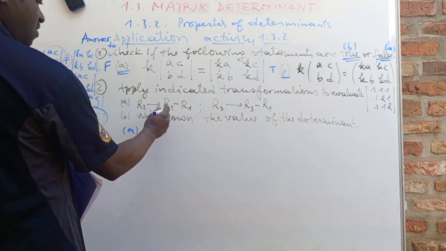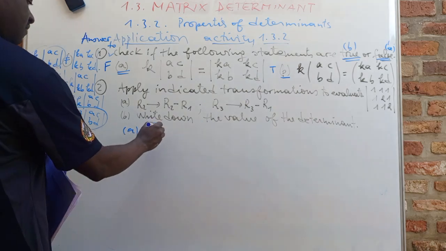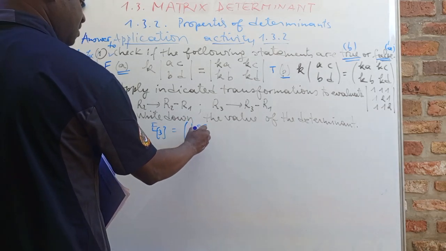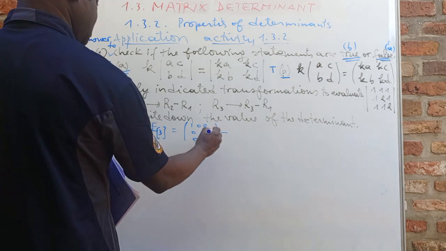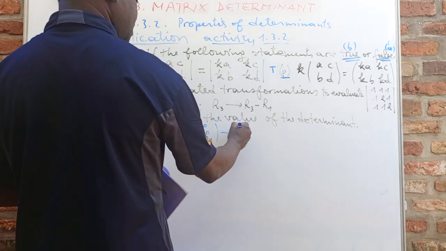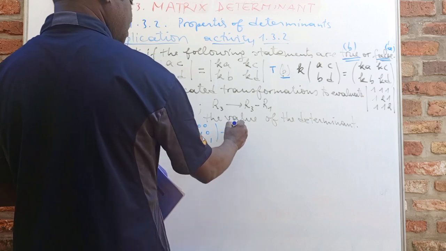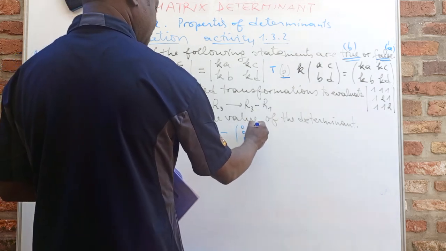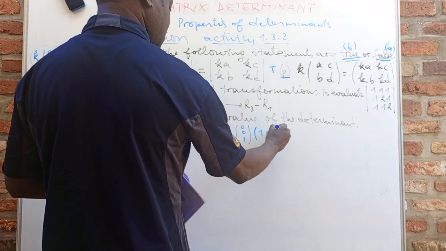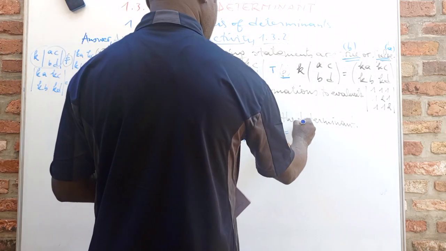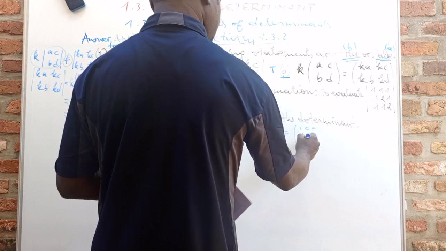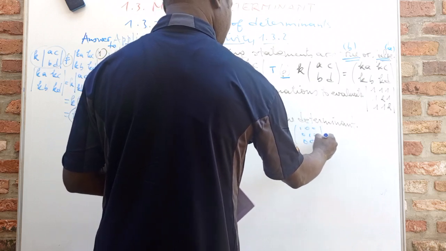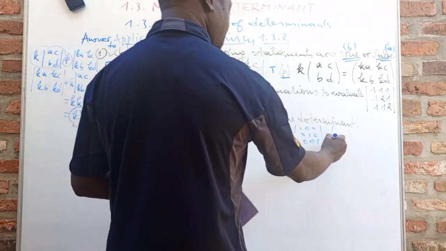We use the matrix of type 3, which is the identity matrix of order 3, 1 0 0, 0 1 0, 0 0 1, minus E3, where E3 is the column 0 0 1, times E1, 1 0 0 as a row.